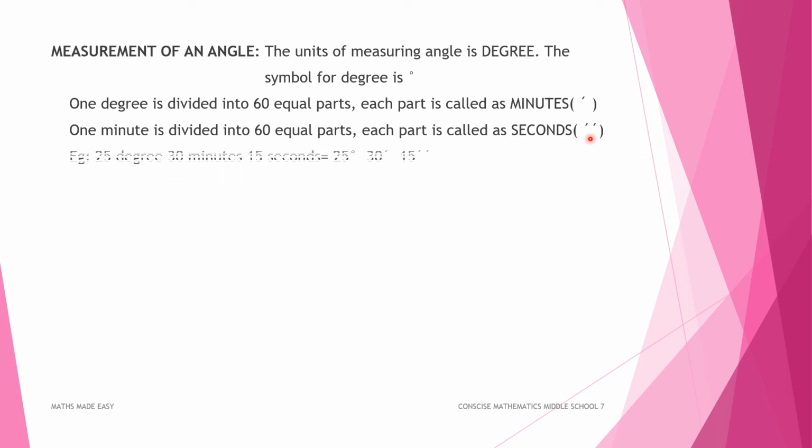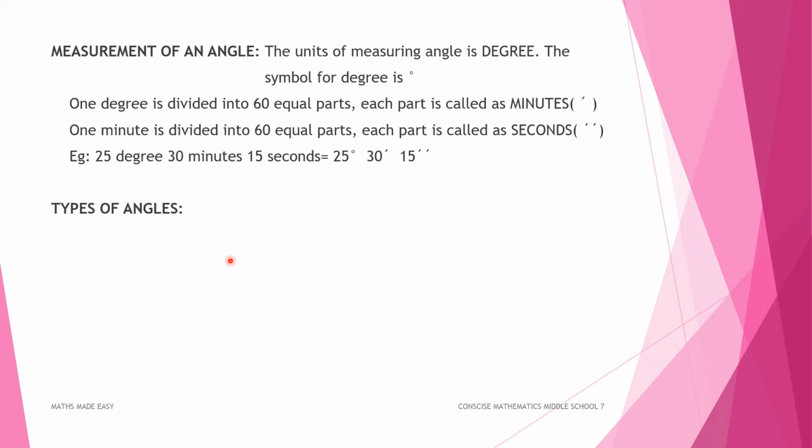Right, so here I am taking an example. If they have given 25 degree, 30 minutes and 15 seconds, then how do you write this with the symbols? On 25 degree I have placed a small circle, for 30 minutes one line, and for 15 seconds two lines. Is it clear? Let's move on to the types of angles now.